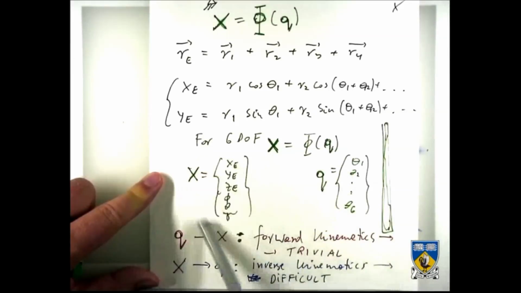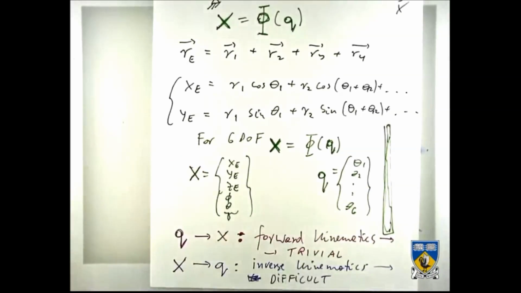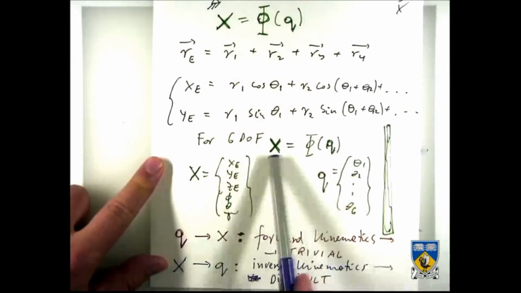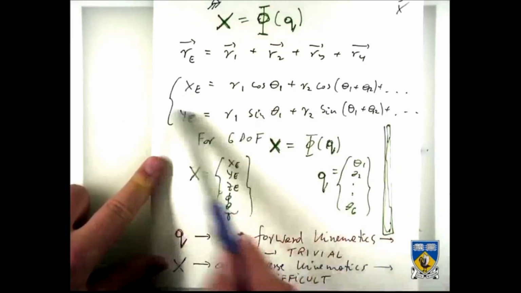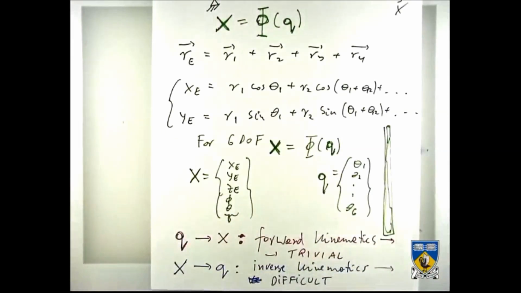which has 6 independent coordinates in the task space and 6 corresponding inputs in the joint space, the connection that describes the geometry is a set of 6 equations with a lot of nonlinear or trigonometric functions in them.